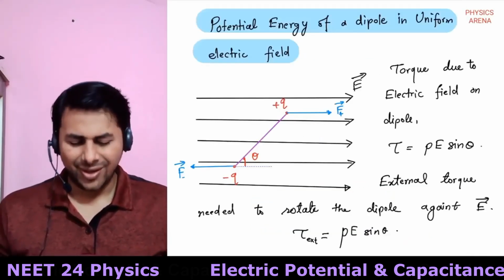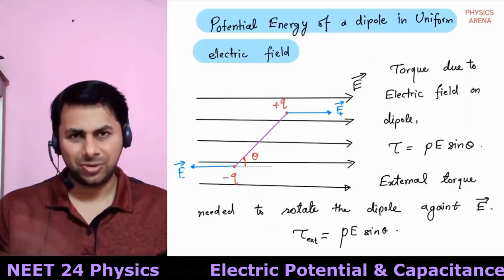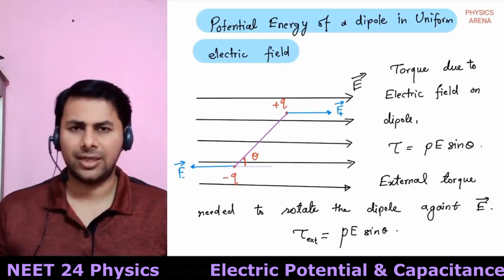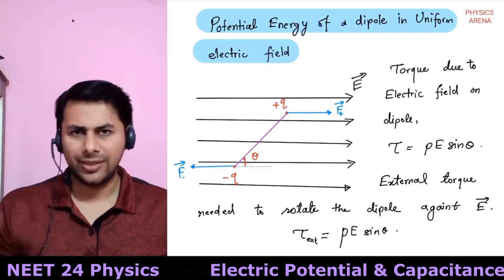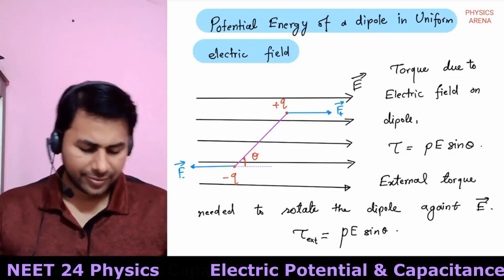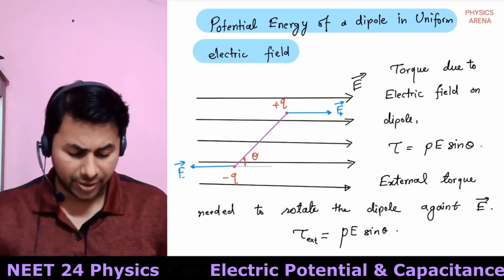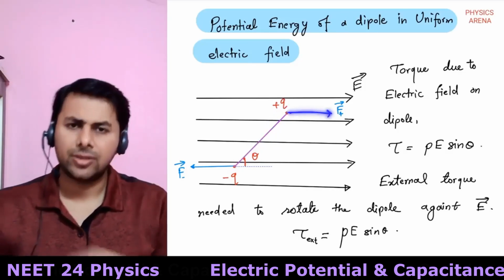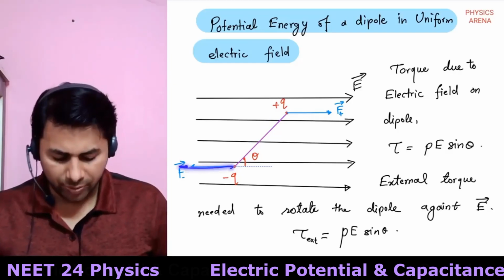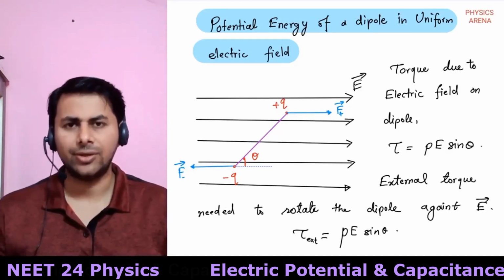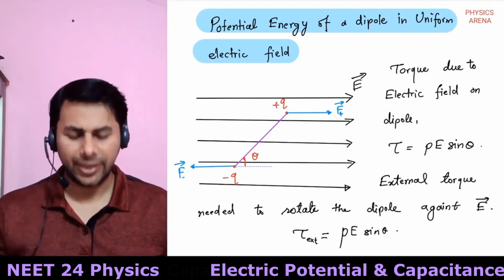Okay. Then this was potential due to dipole. Now suppose you keep a dipole in an external electric field. So we had seen in electric field what happens when you keep a dipole like this in an external electric field. So there is some force on positive charge, some force on negative charge. So these are two forces which are equal in magnitude and opposite in direction. So they make a couple.